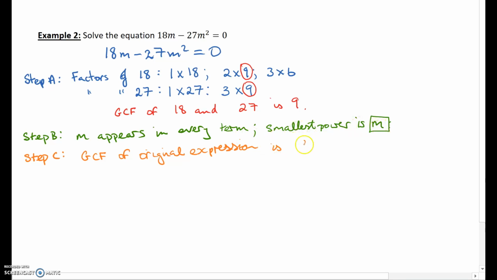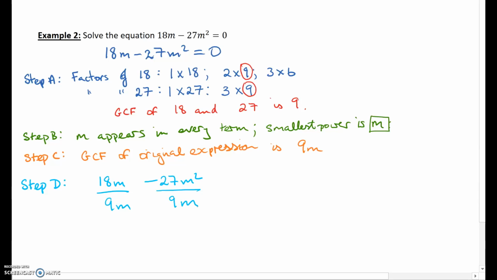Just combine these two and you get 9m. Now we're going to divide each of the original terms, 18m and negative 27m squared, by what we have in step C, 9m.